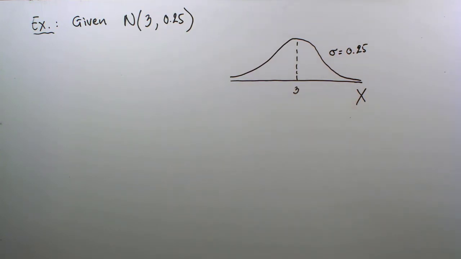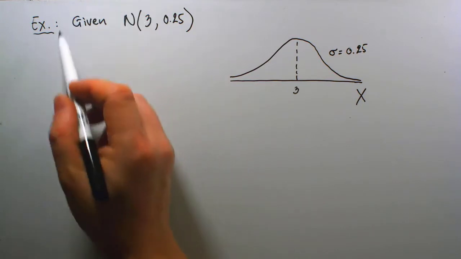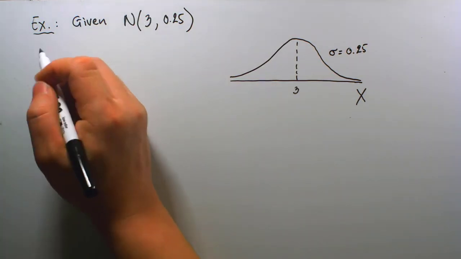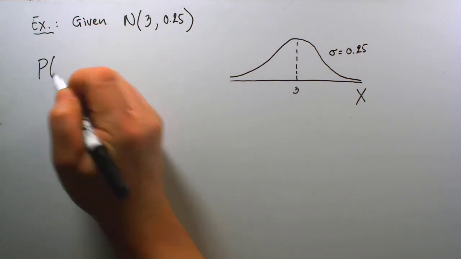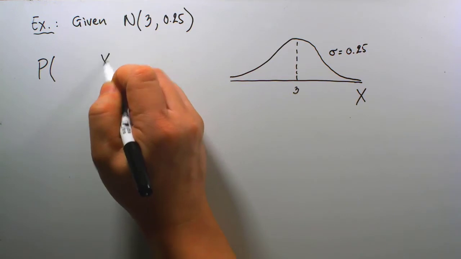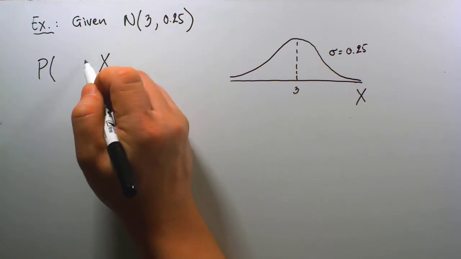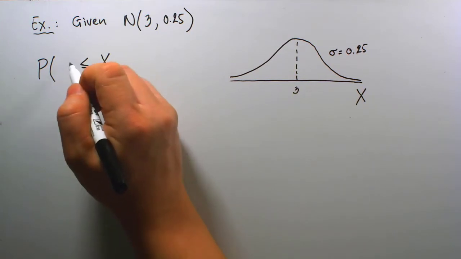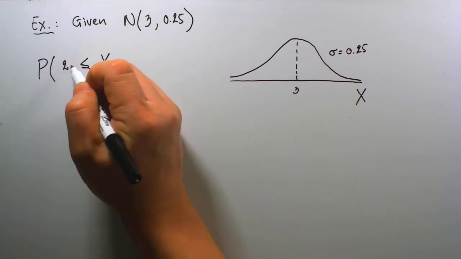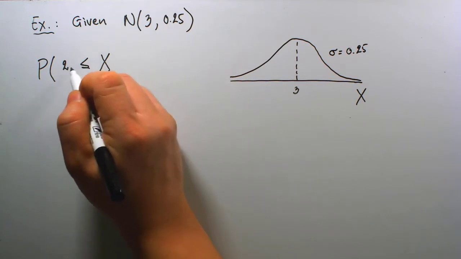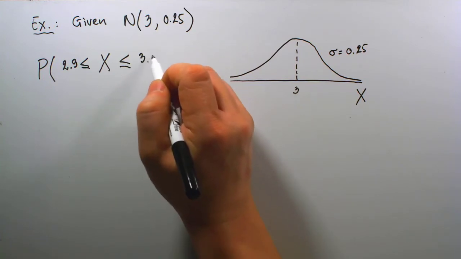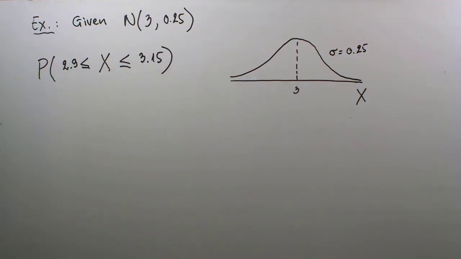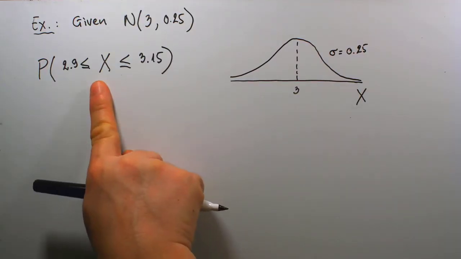Alright, so now right from this given information, let's say the actual question I'm bringing up in our example here is to find the probability that our random variable takes value anywhere from, how about 2.9 to 3.15. And so now looking at this picture, this is how I see.